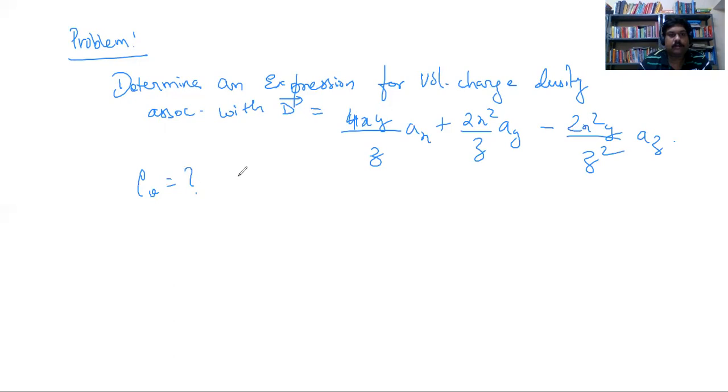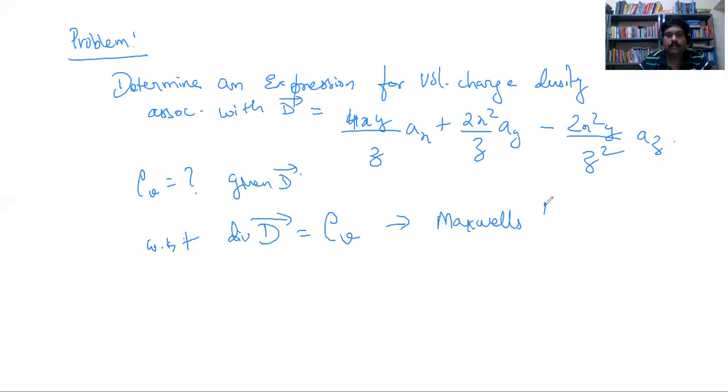So rho v is what? Given flux density. So the answer is, we know that divergence of D is nothing but rho v, which is defined as Maxwell's first equation. So what coordinate system are we dealing with? Rectangular.